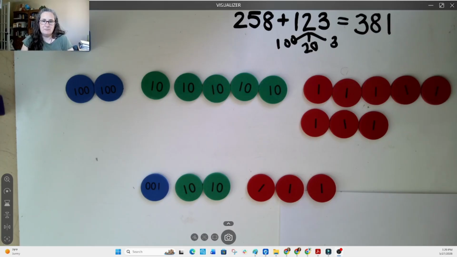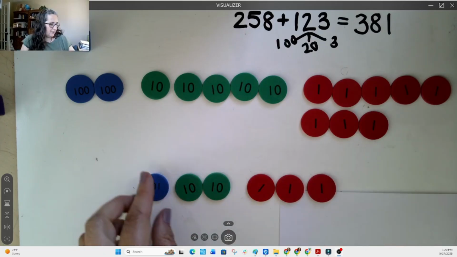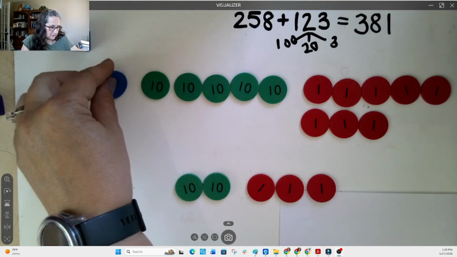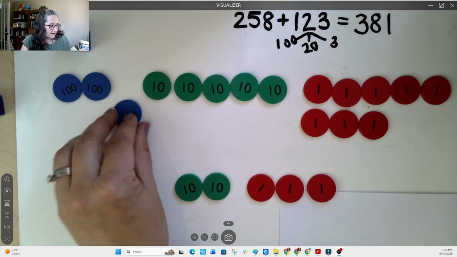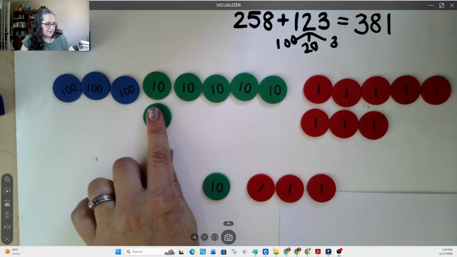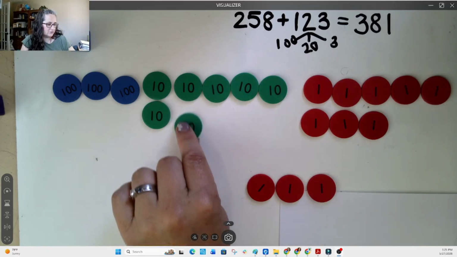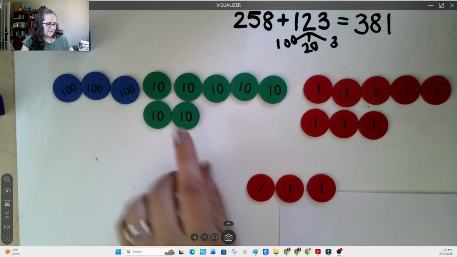This time, when I add 123 to the 258 that I started with at the top, I'm going to add my hundreds first. So now instead of 258, I have 358. Now I have 368, 378. Using 5 groups can help me keep track.